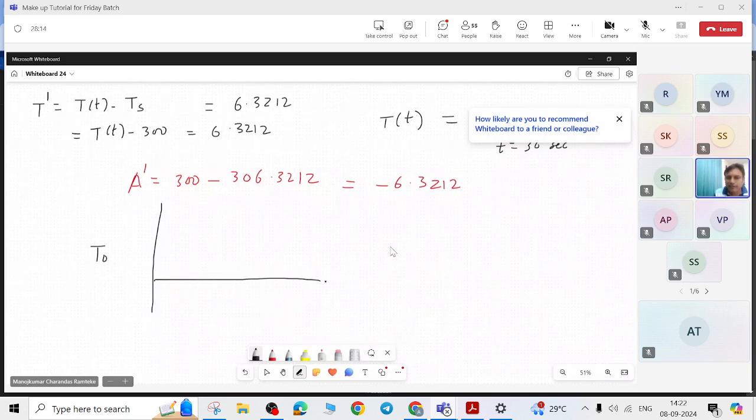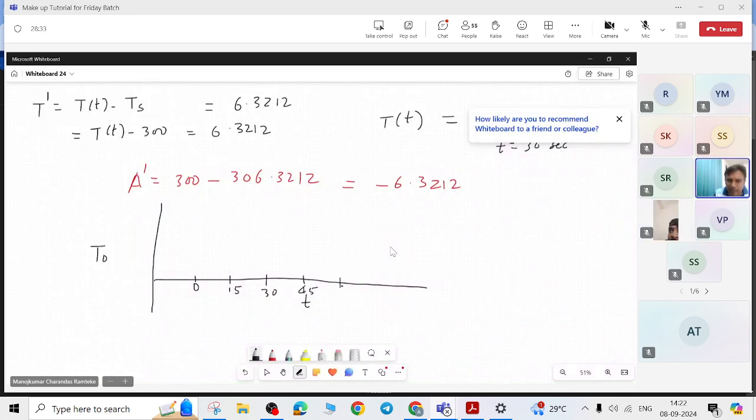Let's say this is time T. Let's say this is 0, then I am looking at 15 seconds, then 30 seconds, and then 45 seconds.